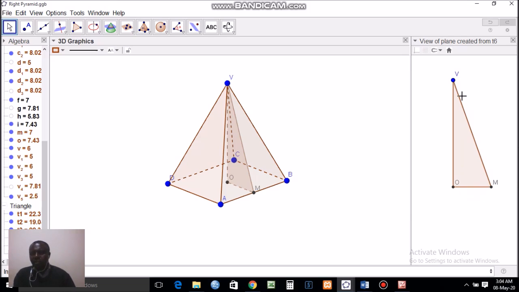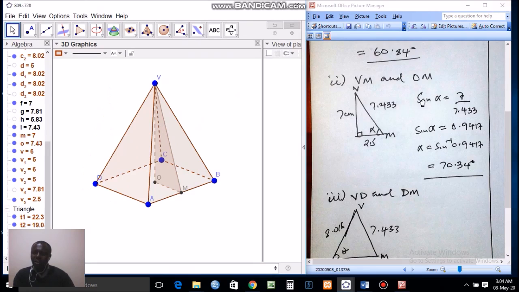The angle is clearly angle VMO, and the triangle VMO is right-angled at O, because VO is the vertical height of the pyramid and MO is on the base, meaning MO is horizontal. So if this is vertical and this is horizontal, that means the angle at O is 90 degrees. So we have a right angle triangle, and we would like to find the angle VMO. That sets the stage, and here we are.